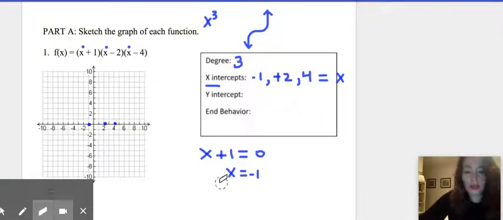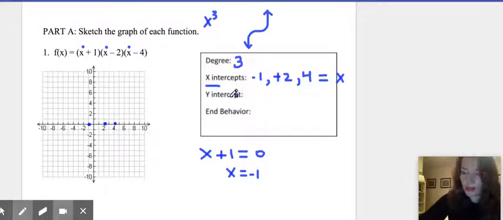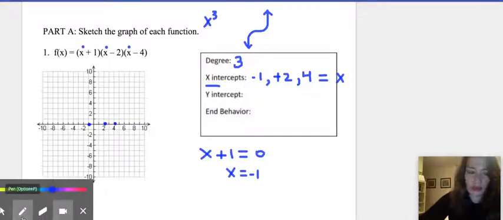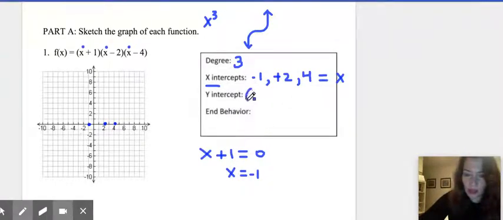What would be useful is to find another point such as the y-intercept. So how do we find a y-intercept? A y-intercept is when x equals 0. So if I plug in 0 into our equation, we can find out what y is. So what do I mean by plug in 0? Plug in 0 for x.